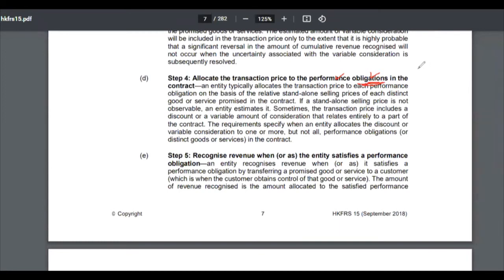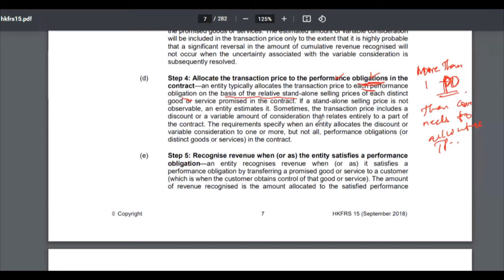If there is more than one performance obligation, which we'll call PO, then the company needs to allocate the transaction price.